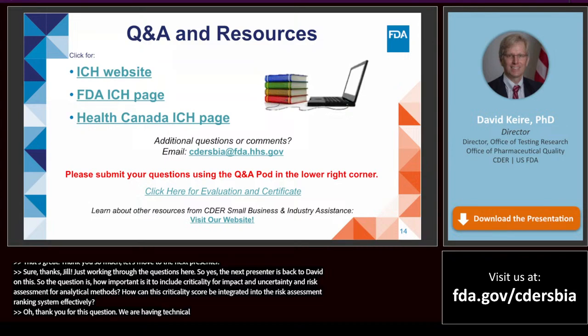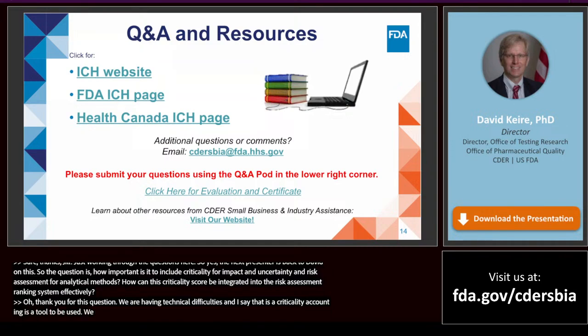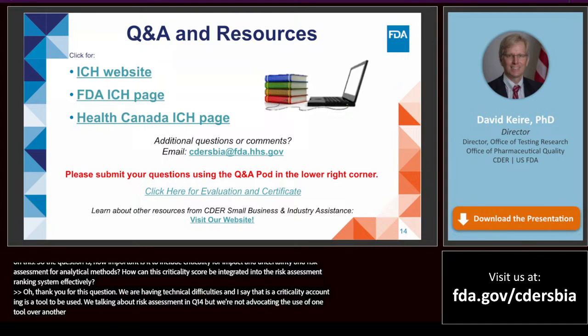But I'd say this criticality accounting is a tool that can be used. We talk about risk assessment in Q14, but we're not advocating the use of one tool over another. It's good that you're doing it, and that's one approach. And the second part of this question, can it be done effectively?